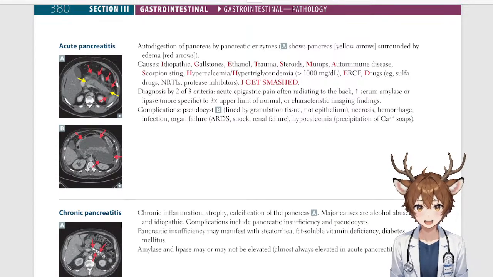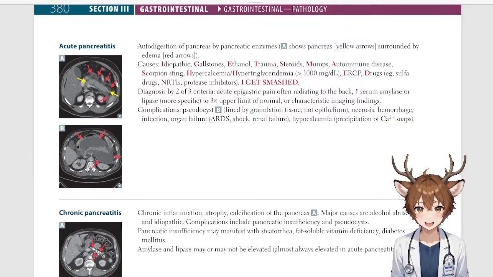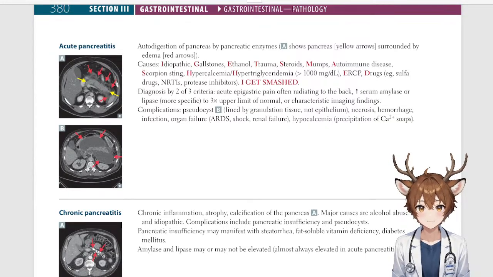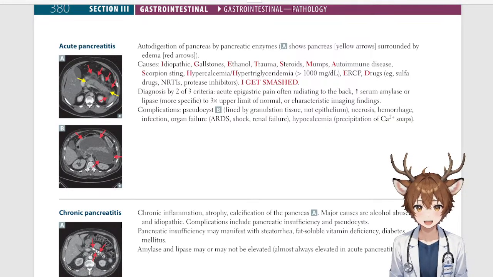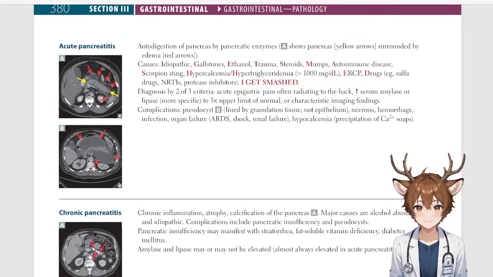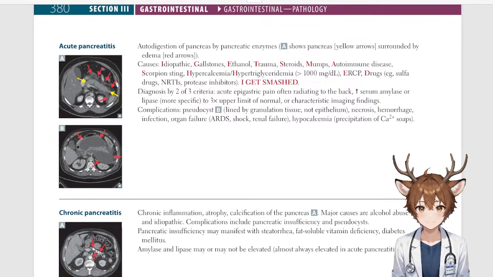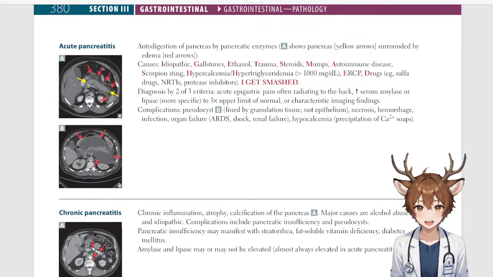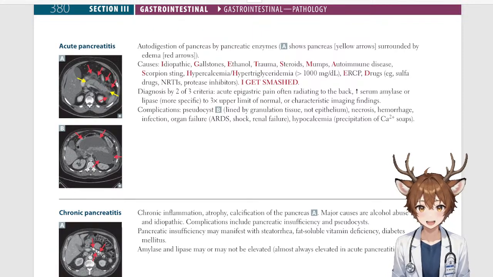Causes include idiopathic, gallstones, ethanol, trauma, steroids, mumps, autoimmune disease, scorpion sting, hypercalcemia, hypertriglyceridemia greater than 1,000 mg/dL, ERCP, drugs, sulfa drugs, NRTIs, protease inhibitors. It says, I GET SMASHED.